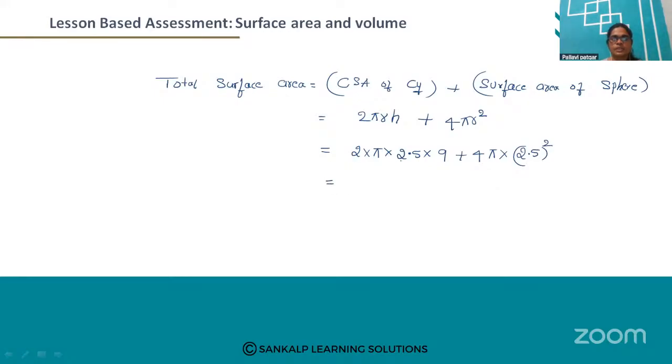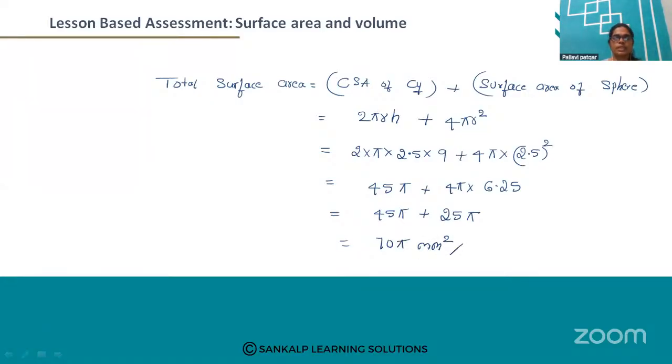This is equal to, here 2.5 into 9 into 2, this is 45 pi plus 4 pi into 2.5 into 2.5 is 6.25. This is equal to 45 pi plus 6.25 into 4 is equal to 25 pi equal to 45 plus 25 is 70 pi millimeter square.